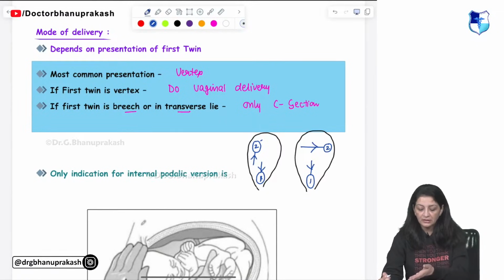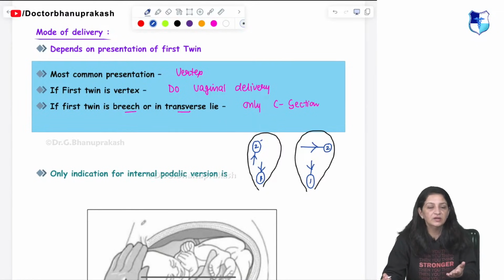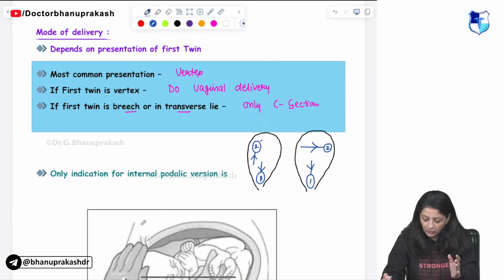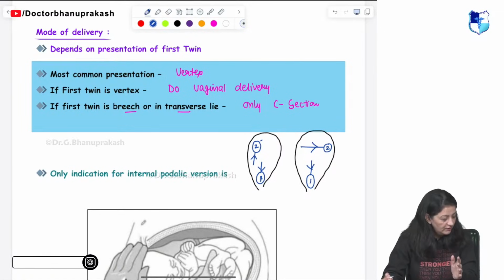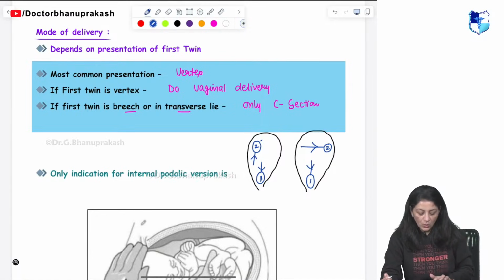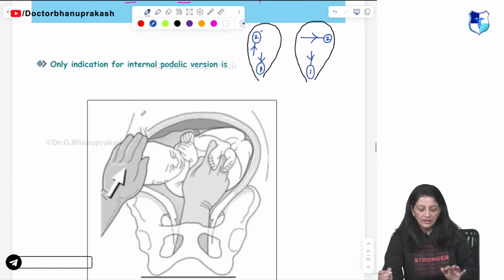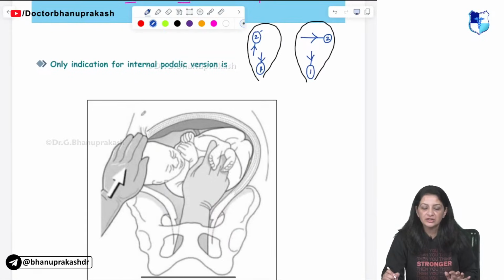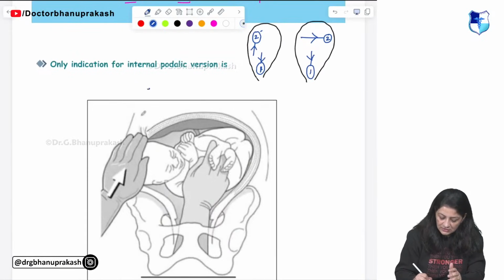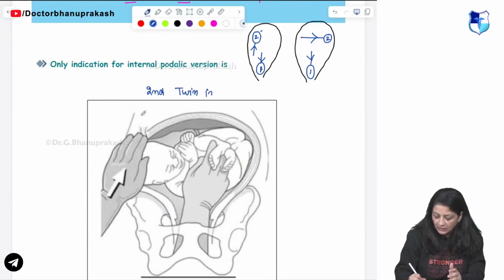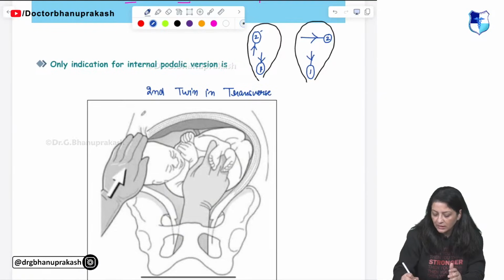First of all, do vaginal delivery of the first twin, then internal podalic version in case of transverse lie. So the only indication for internal podalic version is seen in the second twin in transverse lie.